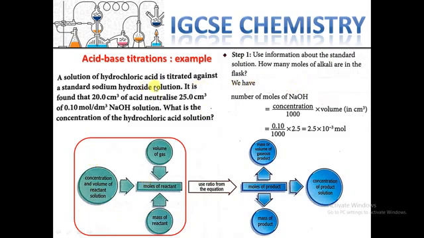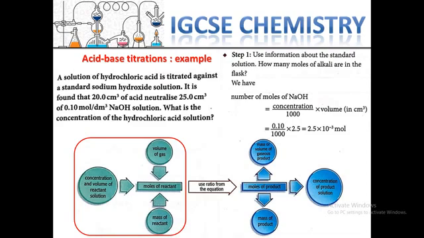Okay, look at this flow chart, it is very important, and I'm showing you the stages of the flow chart by this example. The question asks: a solution of hydrochloric acid is titrated against a standard sodium hydroxide solution. Hydrochloric acid, of course, is an acid, and sodium hydroxide is a base. We are using titration, so we are going to mix them together slowly, step by step. Then what happened?